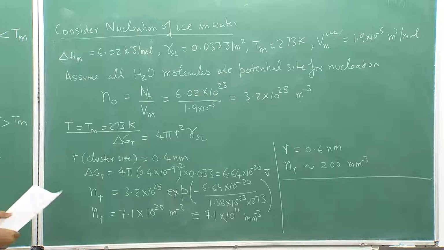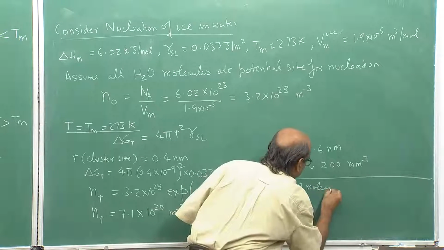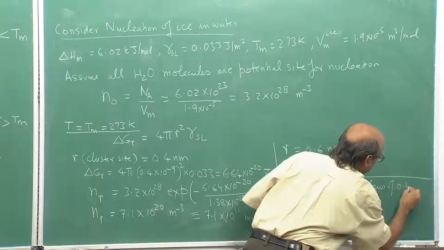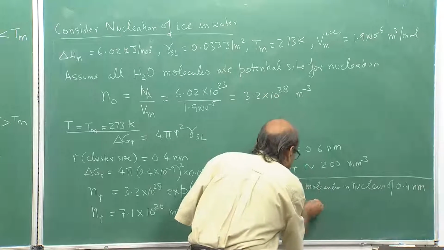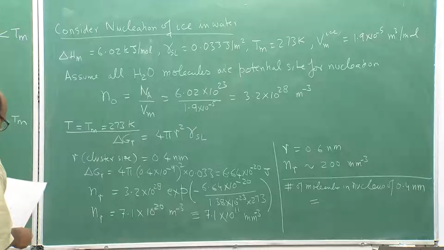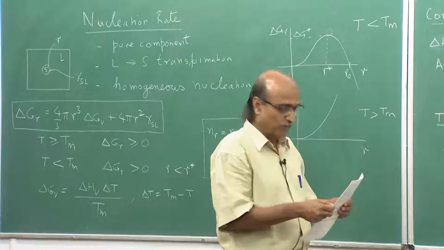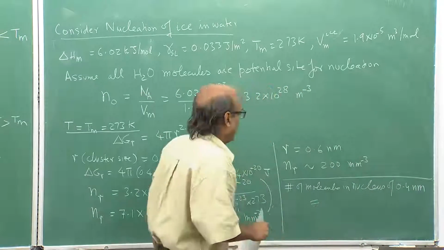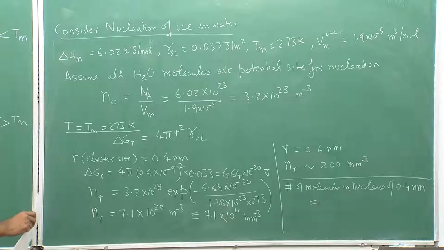So, if I calculate that, the number of molecules in a nucleus of 0.4 nanometer radius would be simply, in fact, I will leave this as a problem for you to work out: the volume of the nucleus multiplied by the number of molecules per unit volume.